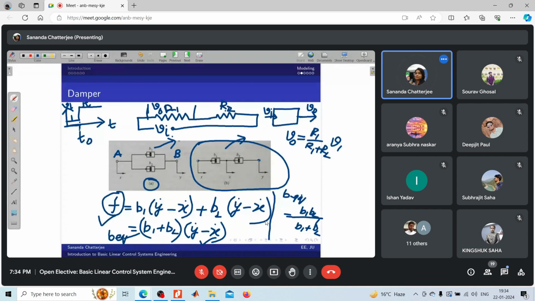But the point is, the input to output relation will always be static. If we change the input abruptly, the change in the output will also be abrupt.